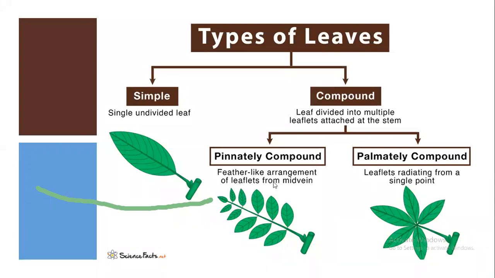Here is the feather-like arrangement of the leaflets. So here you can see there's a feather-like arrangement, जैसे परिंदों के पर होते हैं ऐसे ही इनकी arrangement होती है, like center में एक stem है, okay, and then the leaves are attached one by one. But here is a different case. What is the case?